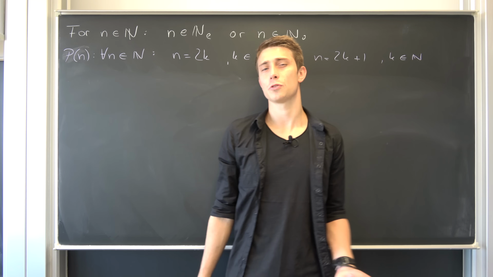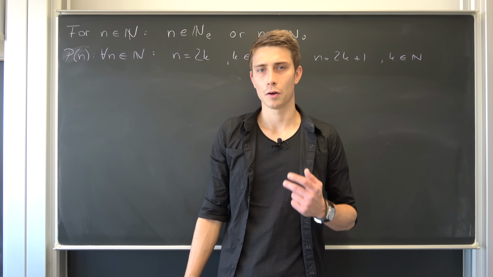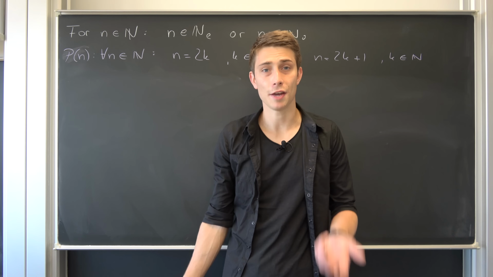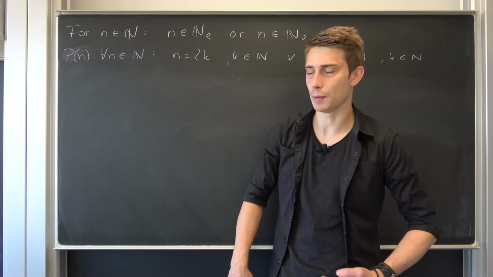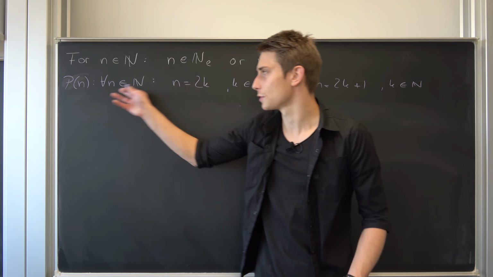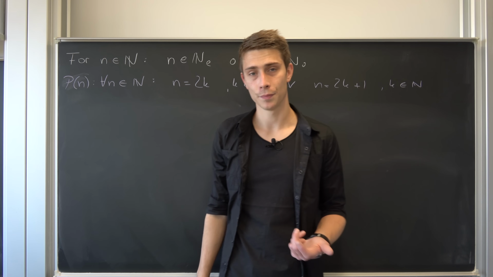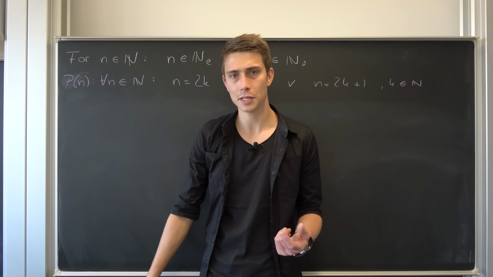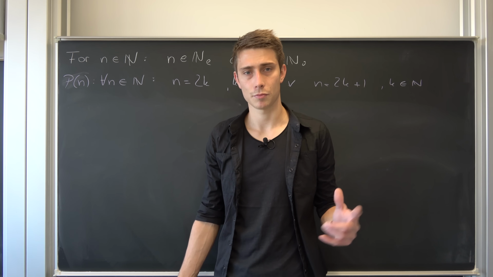The next proof is going to make use of the principle of mathematical induction. For this, we need to have a little proposition. We want to prove it to be true for all natural numbers n, an element of the natural numbers. I've just said this thing is equal to our proposition, you could say, P of n. And what we want to do basically is prove this statement true for the least element of natural numbers, 0.